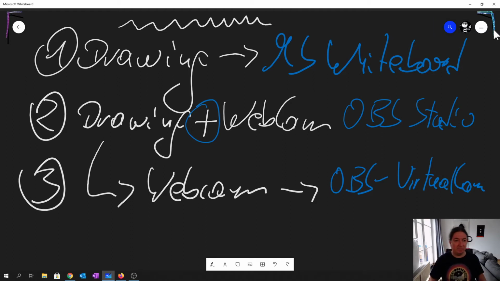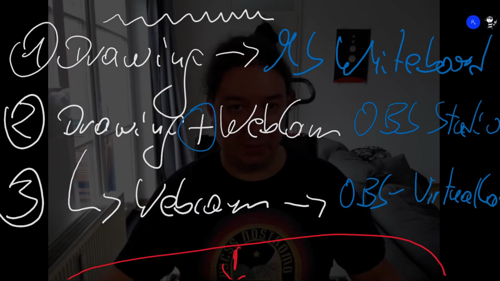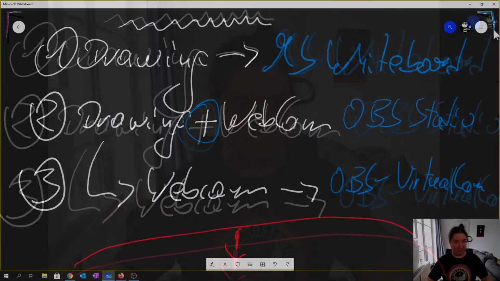Another thing you may notice here is that we have certain window elements, for instance here at the bottom, the controls that you can see here, that I'm not sharing when I'm sharing this picture.